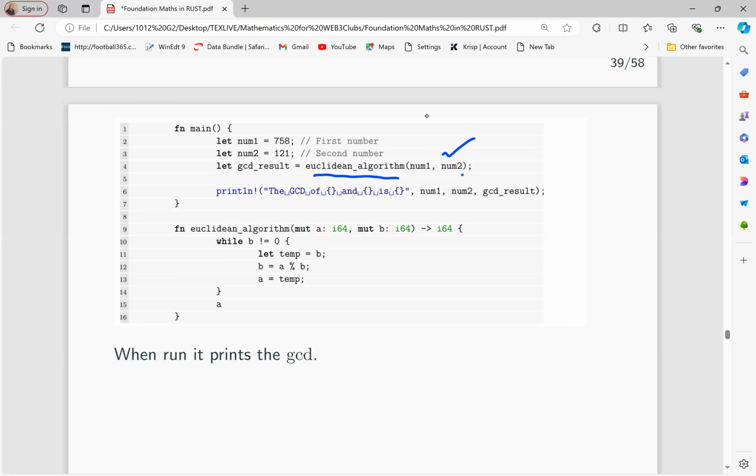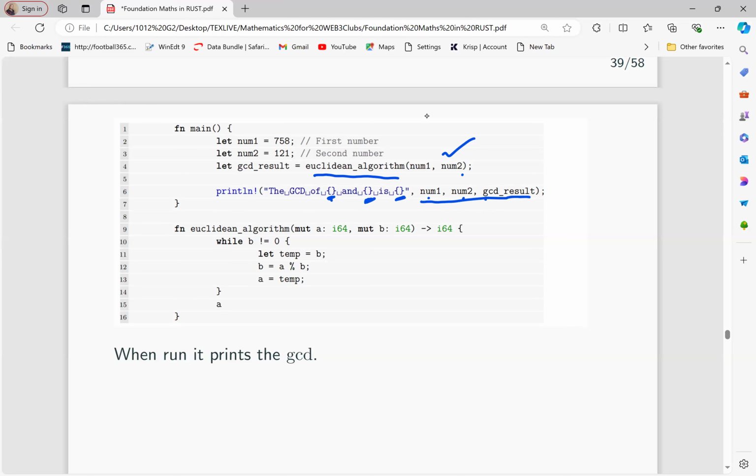You can see the result: the GCD of the first number A and B is, and the first bracket is for the first number, the second bracket for the second number, and the third bracket is the GCD.